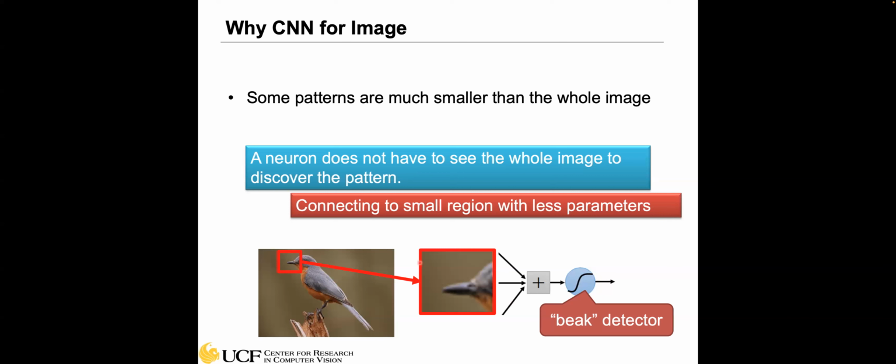That means we can design a network that connects to a small region, so we can use fewer parameters. Maybe like a beak detector: we just detect the beak, discover that pattern, and make a decision.